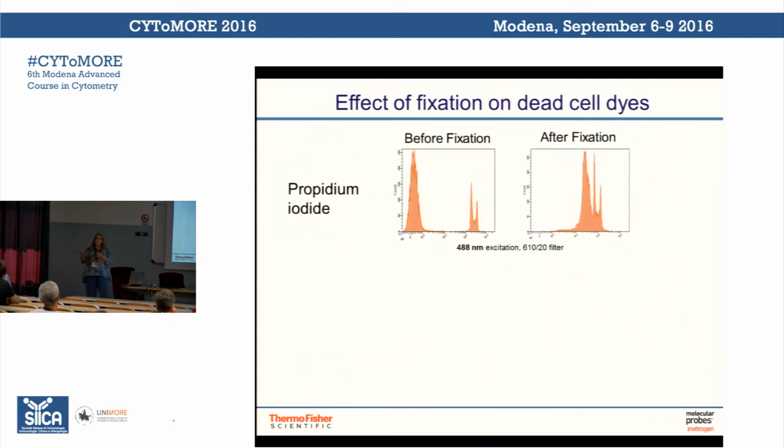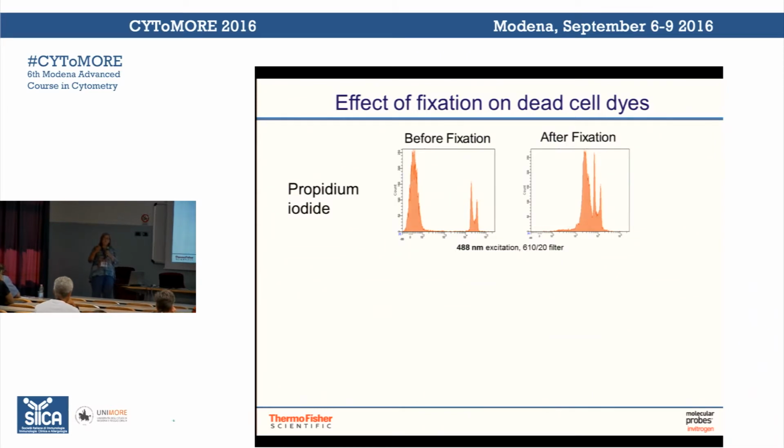So just a little bit of a comparison here of why you might choose one or the other. This is looking at a mixture of live and dead cells with propidium iodide. Before fixation, you have this nice discrimination of your dead and live cells, but after fixation, eventually the dye comes off.